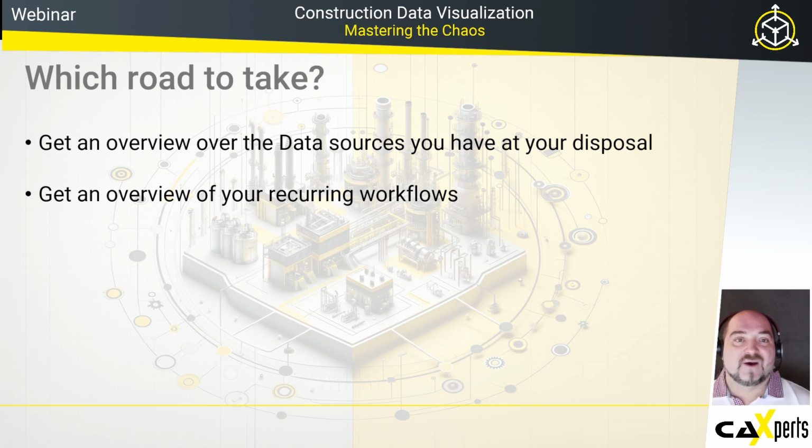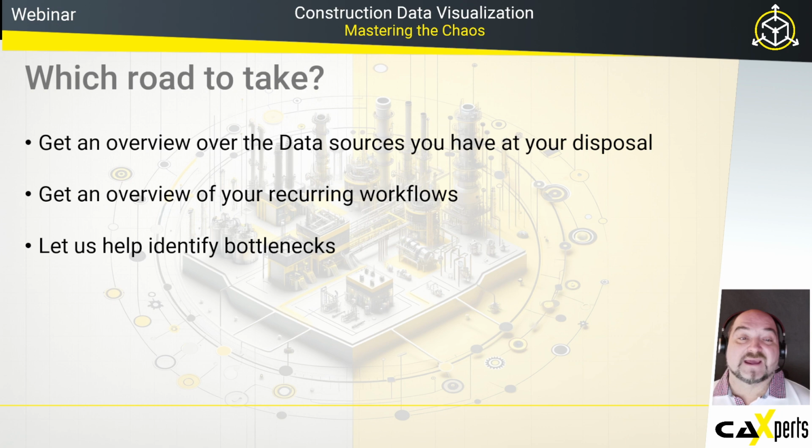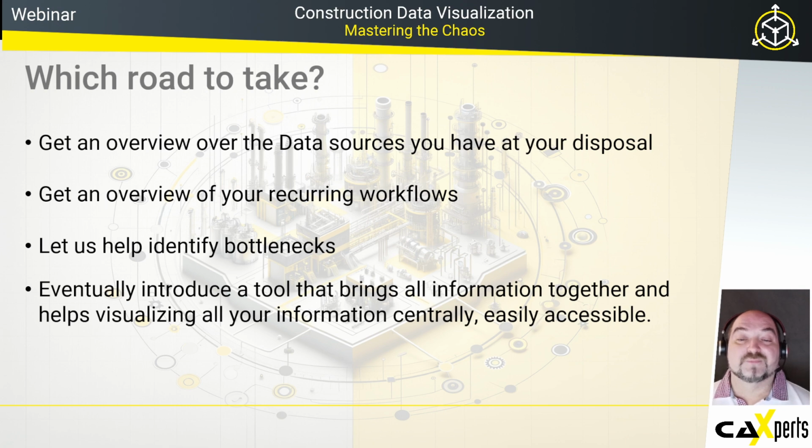And how is the data, or how are my data sources, utilized within those workflows? And then let us help identify the bottlenecks in the combination of those two. And eventually introduce a tool that brings all information together and helps visualizing all the information centrally, but still easily accessible.